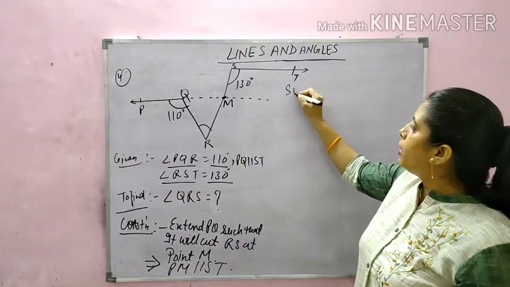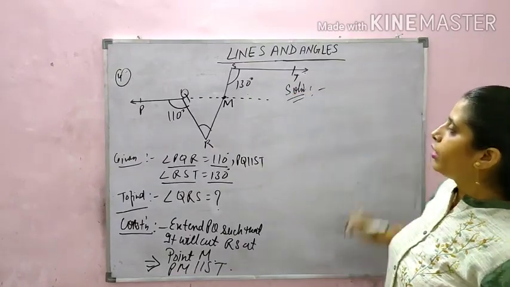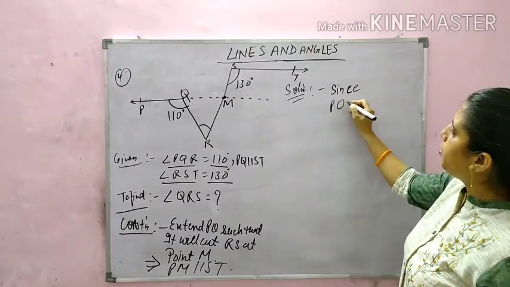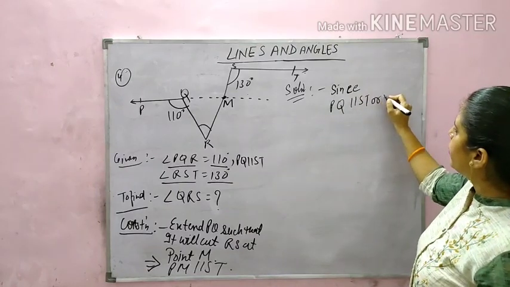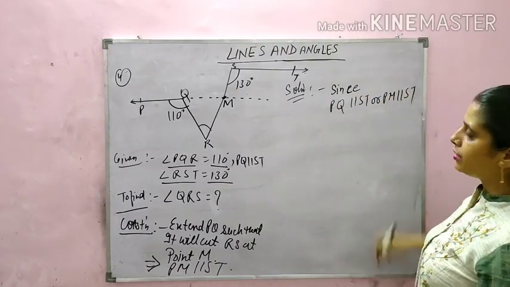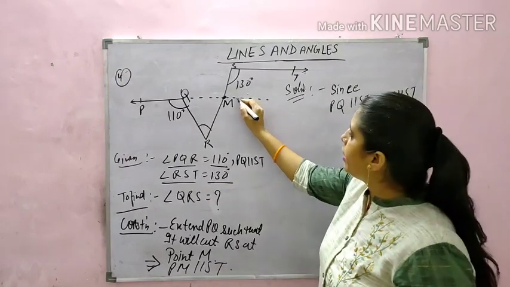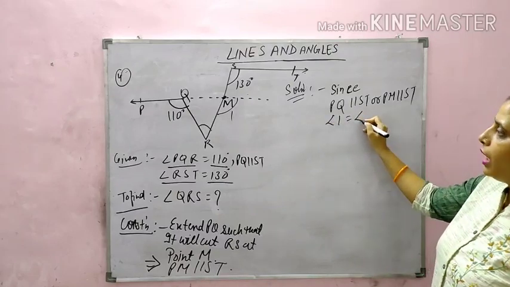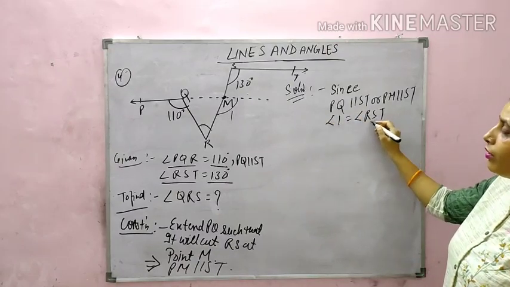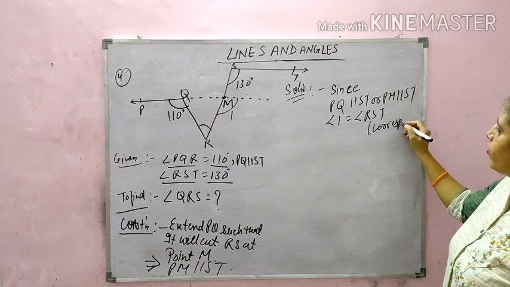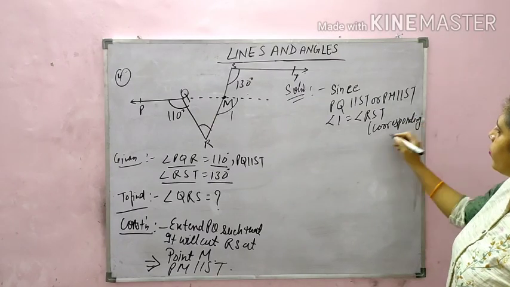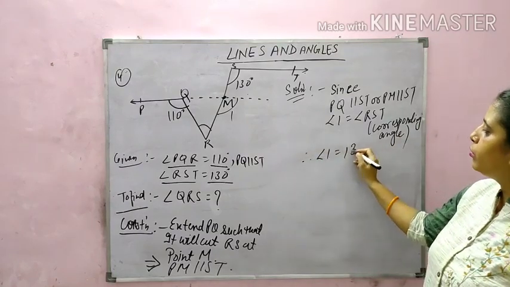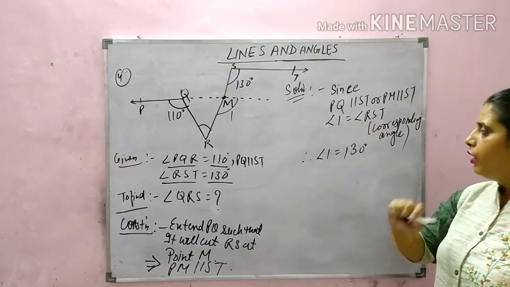Now the solution is: since PQ is parallel to ST, or PM is parallel to ST, I am writing this angle 1. Angle 1 equals angle RST by corresponding angles. Therefore, angle 1 equals 130 degrees because RST is 130 degrees.